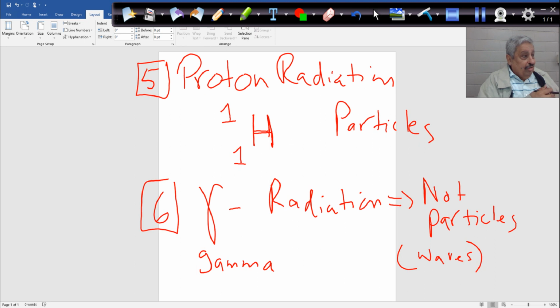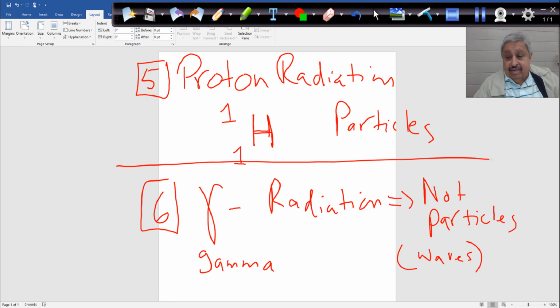Particles can bounce back, or go a little in depth, but they cannot go through an object. Are you following me here? So alpha, beta cannot go through objects, and the protons, neutrons, and positrons are the same. The only one that can go through an object is gamma radiation.